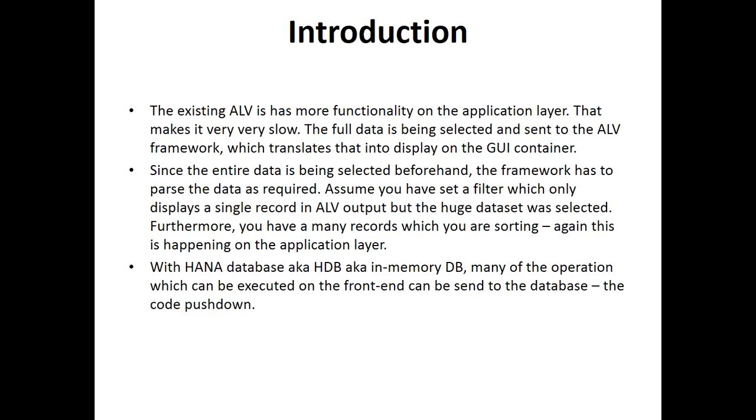Communication happens between the application server and the presentation server. If we click on page down, communication goes to the application server again, it takes the next set of records and displays them. If you filter, again communication to the application server, it takes the next set of records and displays them. Database communication is one time only, the first time whenever you write the select query, when everything is captured and available in the internal table. Next page down, page up, filter, sort, everything is between the application server and presentation server.